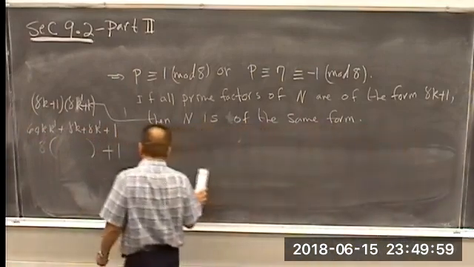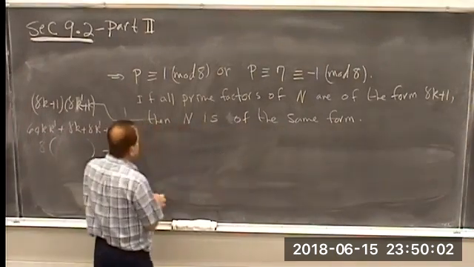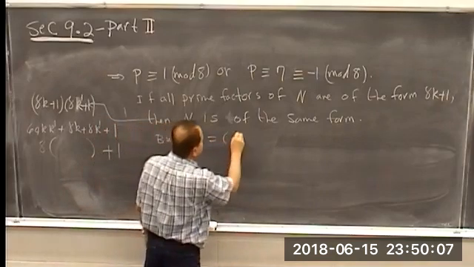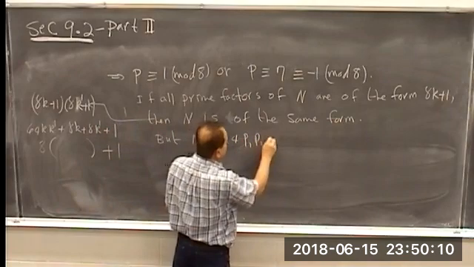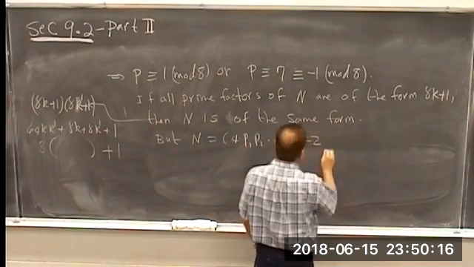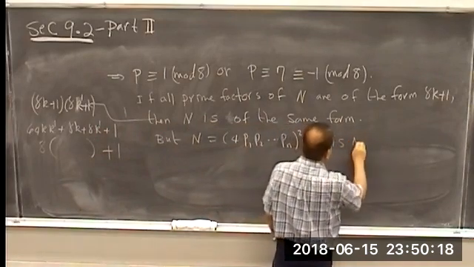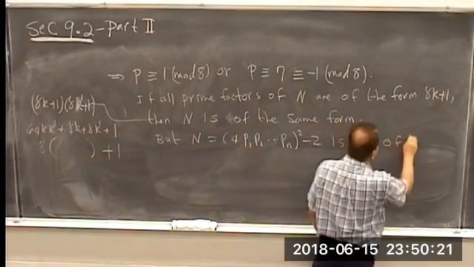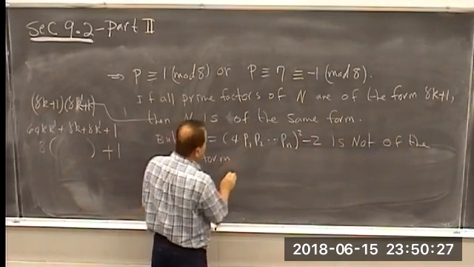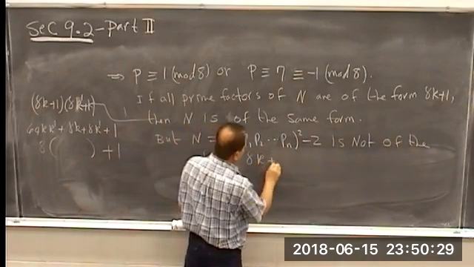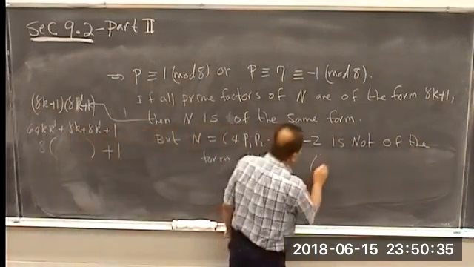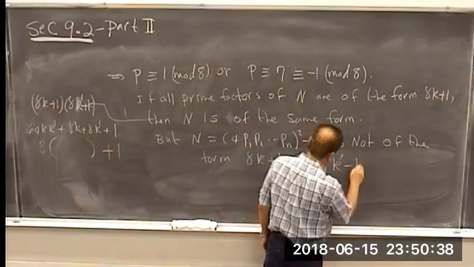But definitely, n itself is not of this form. N, which is equal to this squared minus 2, is not of the form 8k plus 1. Actually, it is of the form 8k prime minus 1.